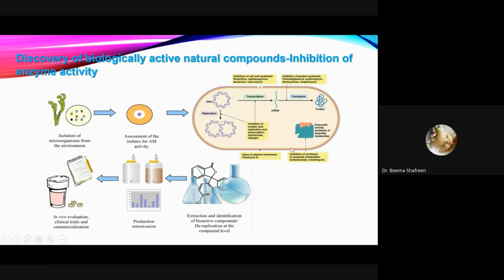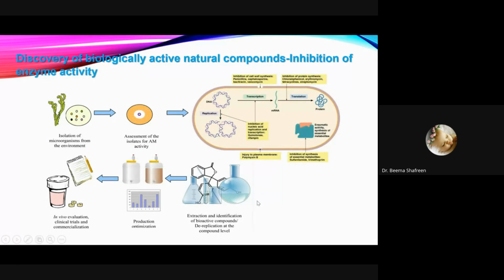For these mechanisms, the target proteins need to be chosen from each and every aspect, and the target proteins need to be screened against the active compounds which have been identified. For that, the active compounds need to be identified through LCMS or GCMS. After the active compounds are extracted, they need to be targeted to that particular protein through bioinformatics studies, and the active regions where this binding occurs can be revealed.